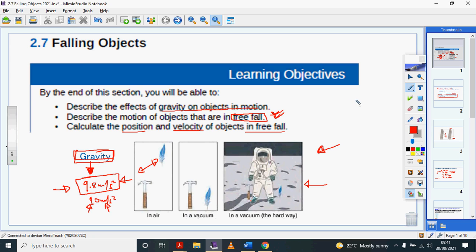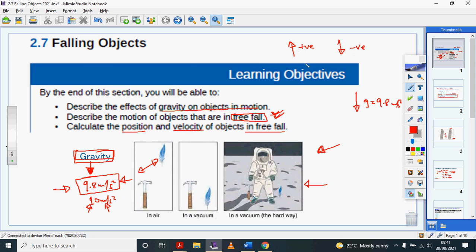The other thing is, because an object falling downwards has an acceleration due to gravity, we need to choose our direction of motion. We need to choose our convention. In physics, we call it convention. Convention is basically you saying that for this question, I will choose upwards to be positive, and downwards to be negative.